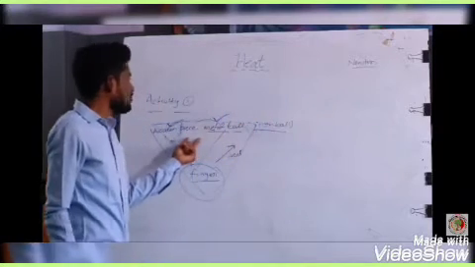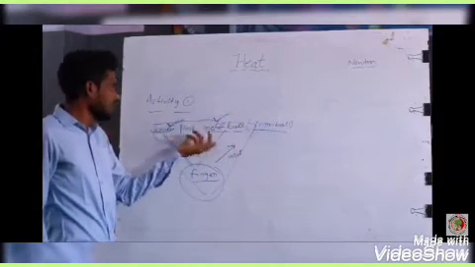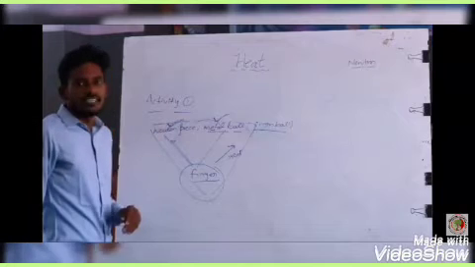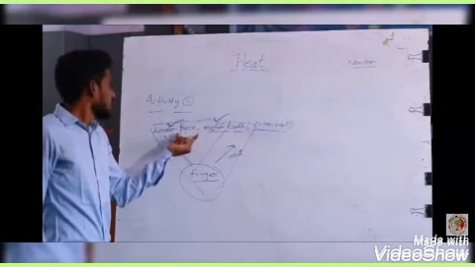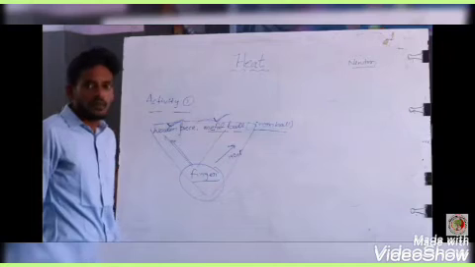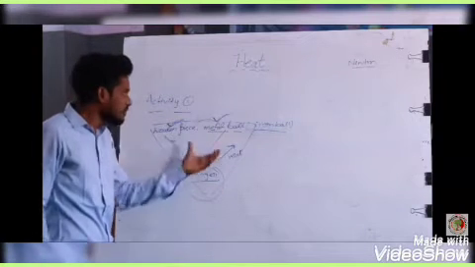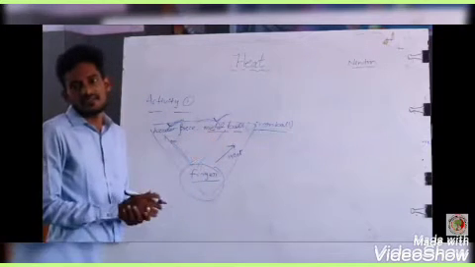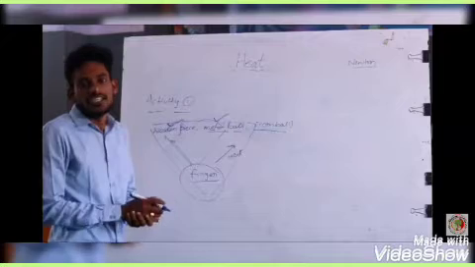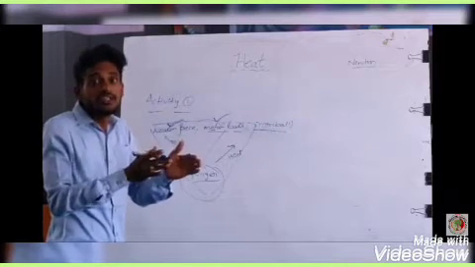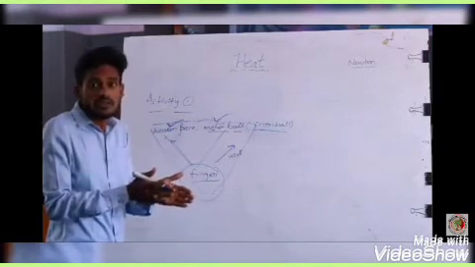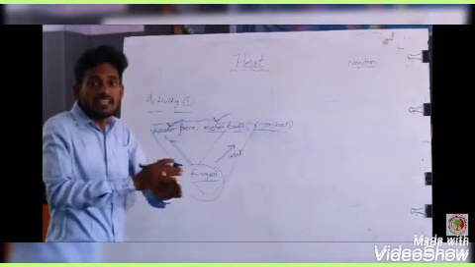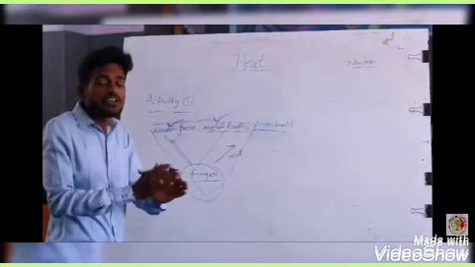Here, two different things we have taken: a wooden piece and a metal ball, an iron ball. That means two different substances. Heat also flows between two different substances, but the measurement of heat flow is different.